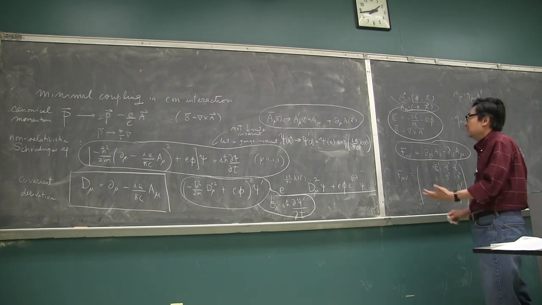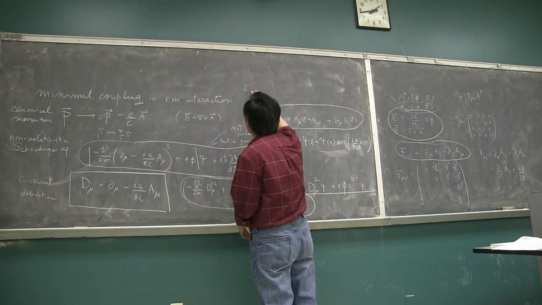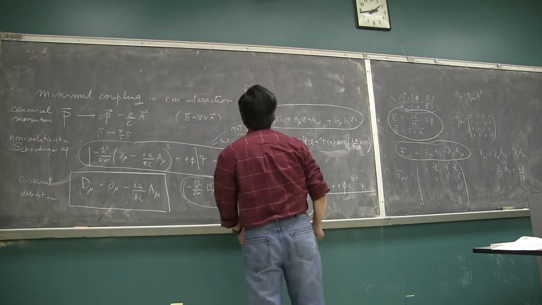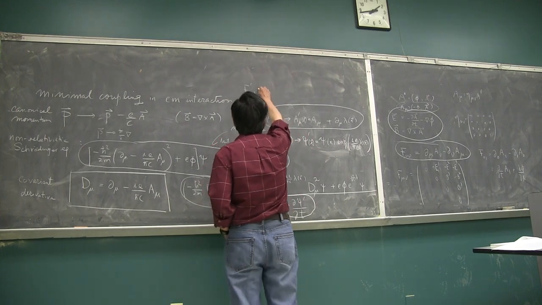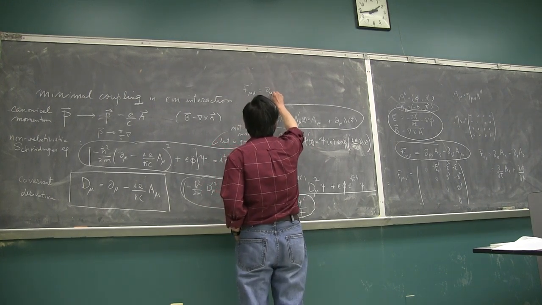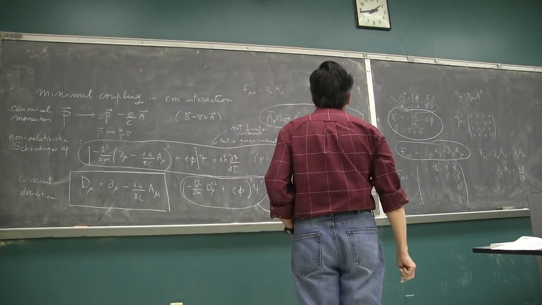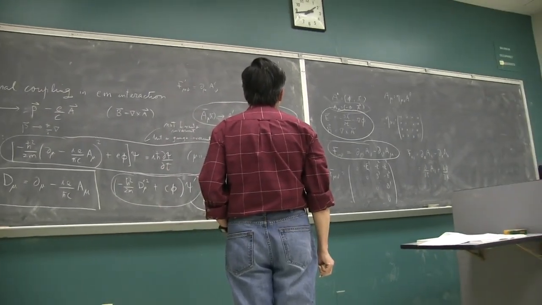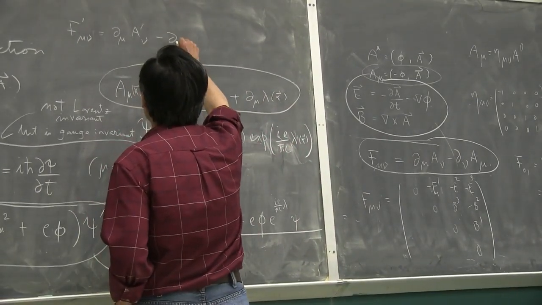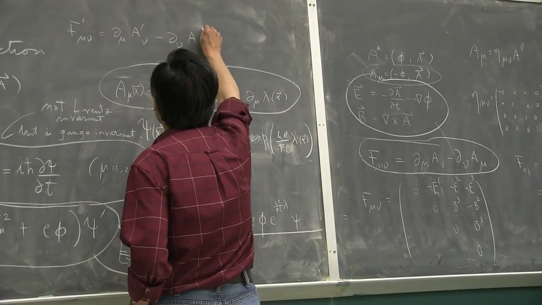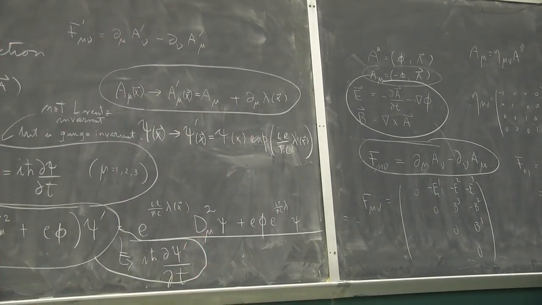What is F prime mu nu, for example? F prime mu nu would then be equal to d mu A prime nu minus d nu A prime mu, like so.